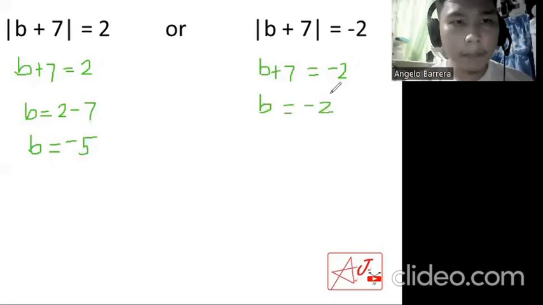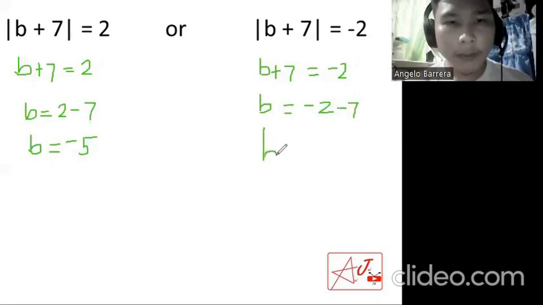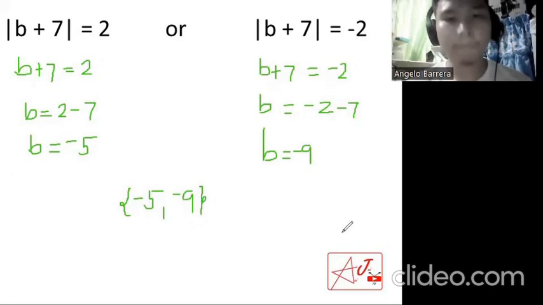And since ito ay positive, ang kabaliktaran niya ay negative. And then, proceed tayo sa laws of integers. So same sign, add, and then copy the sign. So since pare silang negative, negative yung sign, and then add the number. And that will be negative 9. So the solution set for this one is negative 5, negative 9. So that will be the answer for this example.